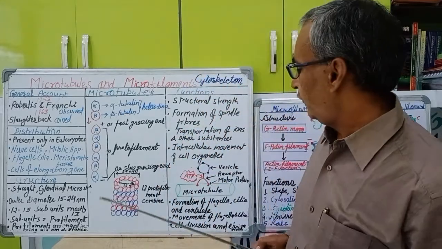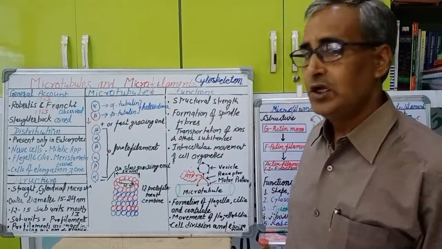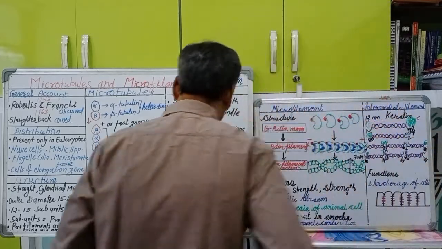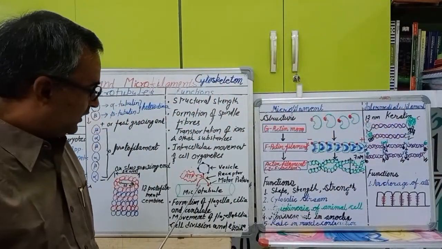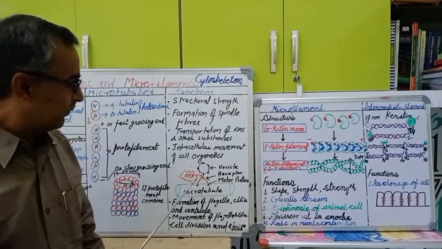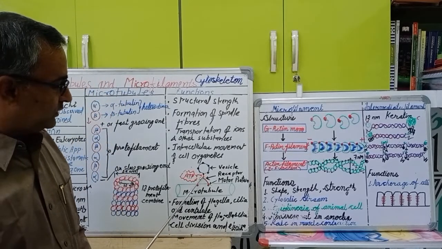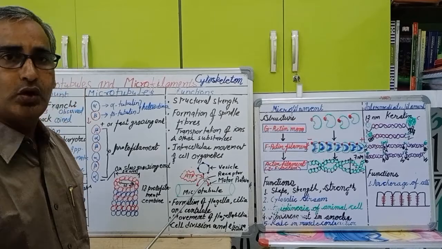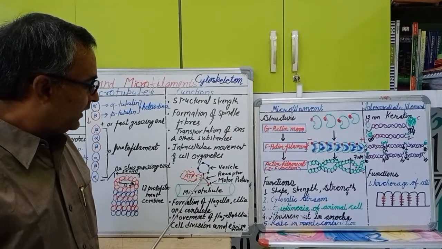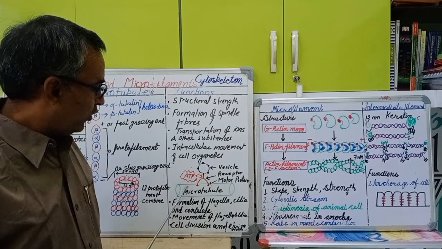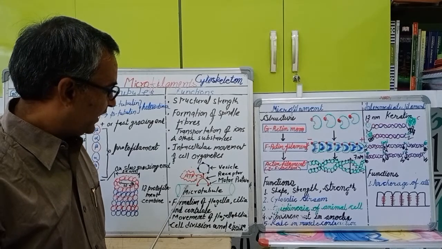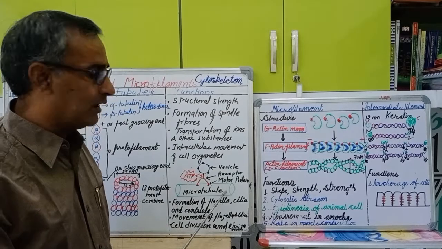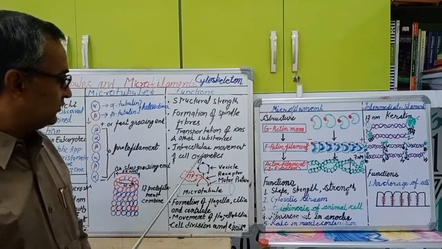These paths are formed by the microtubules. Microtubules interact with motor proteins, and these motor proteins interact with the receptors present on the vesicles or cell organelles, and this complex can travel from one place of the cell to another. So this is a very important function.